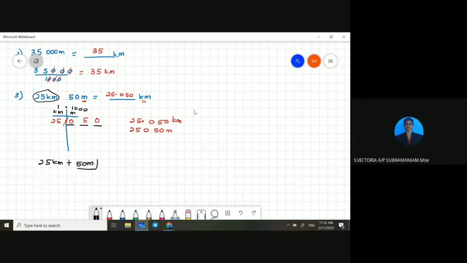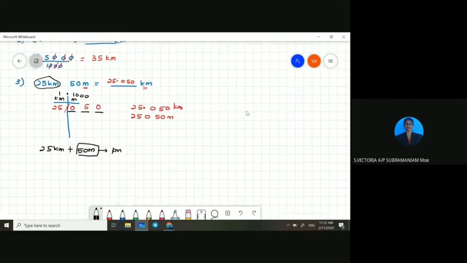But this meter, you need to convert to kilometer. So from meter to kilometer, we should do what? Divide by 1000. So 50 meter you divide by 1000.